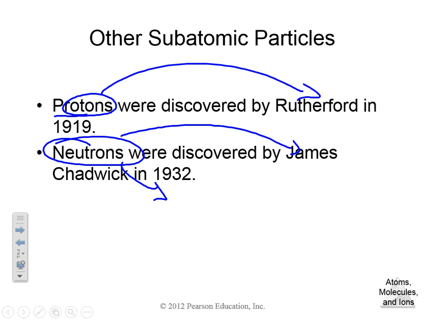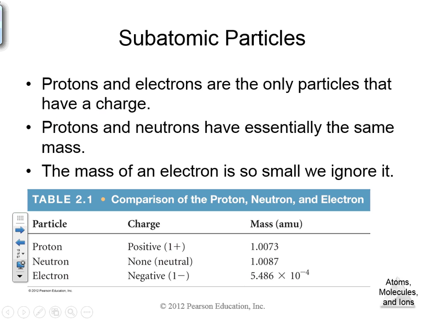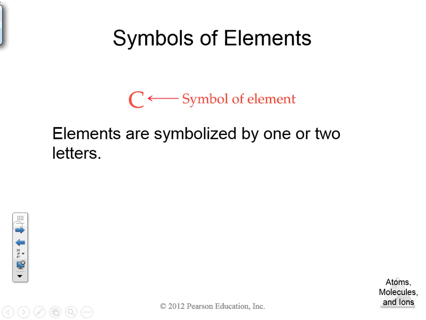Rutherford also figures out that protons are positively charged, and then Chadwick comes along with neutrons having a neutral charge. Now, you don't have to really look at the mass. We know that protons are positive, neutrons are neutral, and electrons are negative.